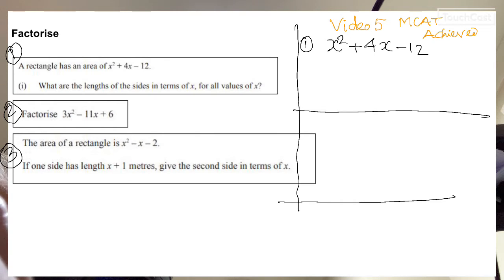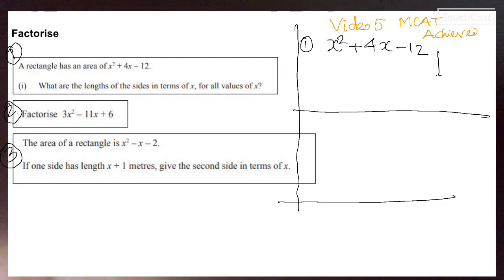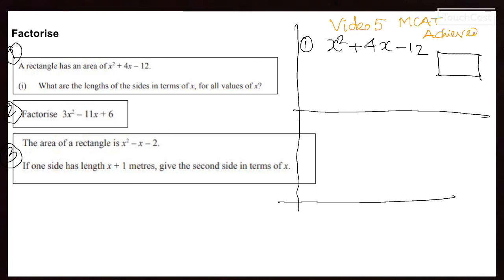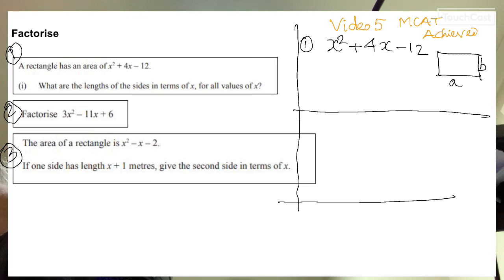What are the lengths of the sides in terms of x of all the values? So they are asking us to find out, let's call it A and B. Okay, so A times B is the area.